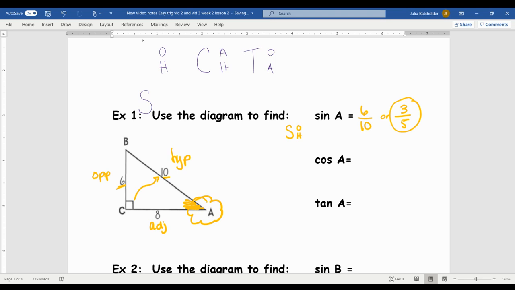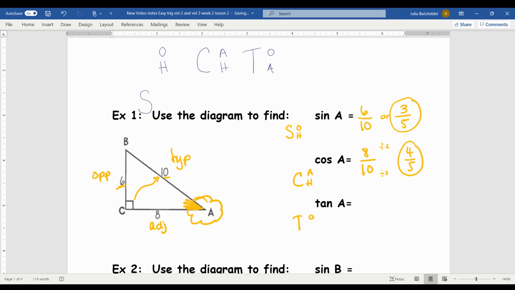For cosine, cosine is adjacent over hypotenuse. The adjacent side is 8. The hypotenuse is still 10. And 8 over 10 would be our ratio. Since we can, we're going to divide both by 2, and we're going to get 4/5 as a reduced fraction.